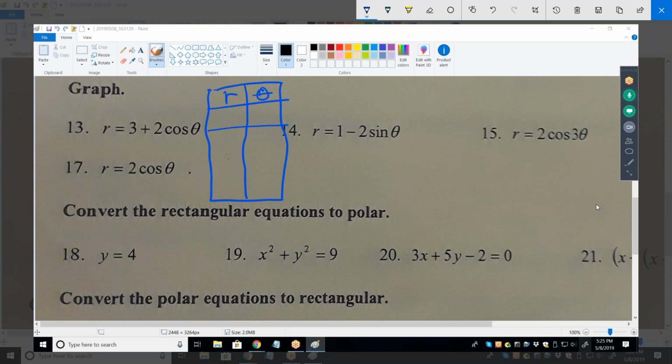Let's pick 60 degrees. What's r? Well, just plug in 60 degrees for theta and figure out what 3 plus 2 cosine of 60 degrees is.